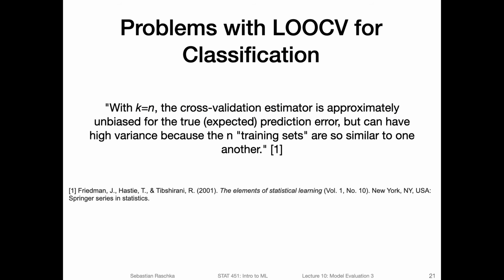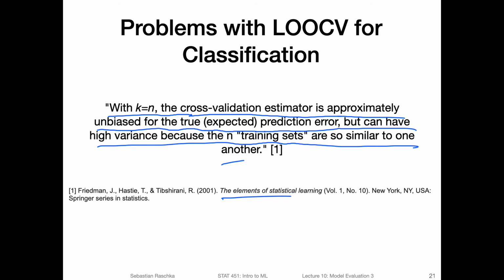In textbooks like The Elements of Statistical Learning, the authors also say that with k equals n, the cross-validation estimator is approximately unbiased for the true expected prediction error, but can have a high variance because the n training sets are so similar to one another. It's another phrase that people use to say that leave one out cross-validation is not a good idea for classification.